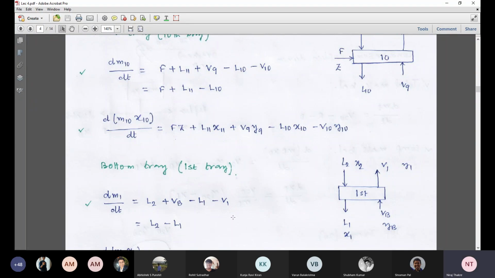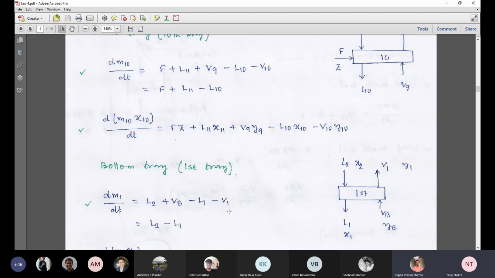Shukda Murmu, 10056. Yes, sir. Tell me the component mole balance equation for this bottom tray. Tell me the terms. Sir, YBVB. You start from the left hand side. This is the reference equation, total mole balance.